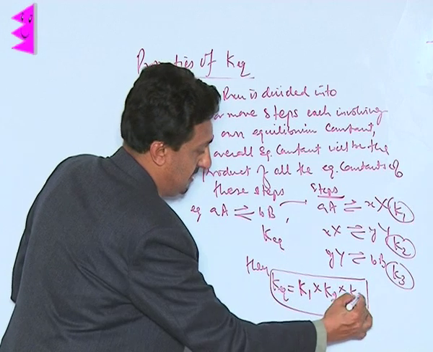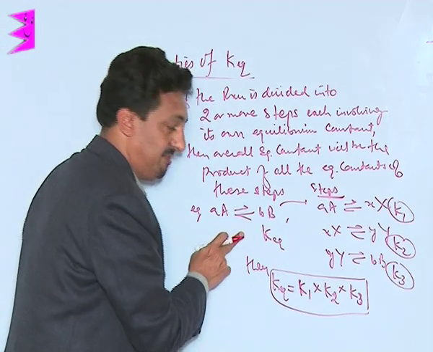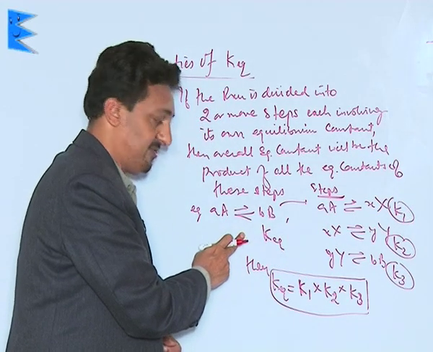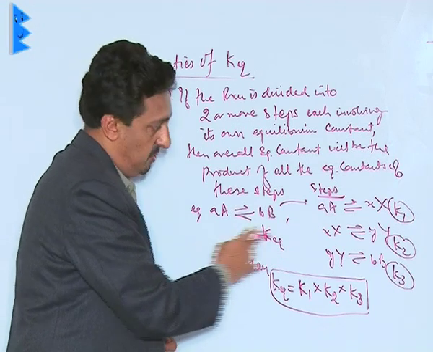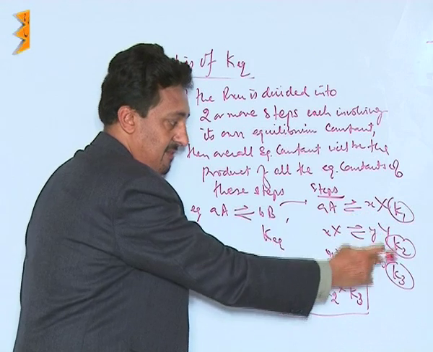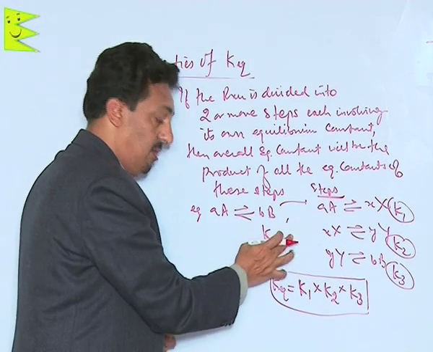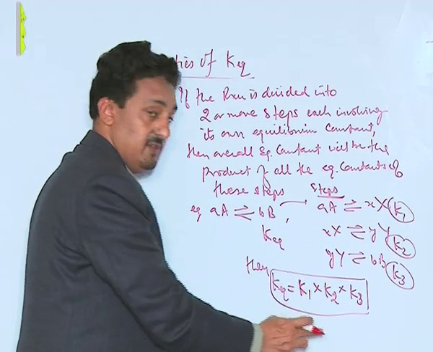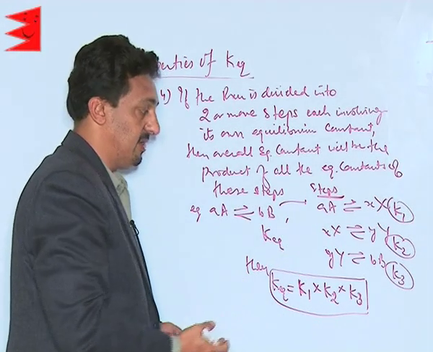Because once we multiply all these three, we get the same expression as for the equilibrium constant of the original reaction. So whatever the number of steps we divide the reaction into, each involving its individual equilibrium constant, the overall equilibrium constant is always the product of these three or n number of steps.